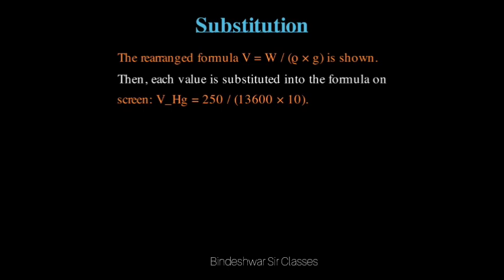Now we can substitute the values we listed earlier. The weight, W, is 250 newtons. The density of mercury, ρ, is 13,600 kilograms per cubic meter. And we're using g as 10 meters per second squared. So, the volume of mercury, V, equals 250 divided by the quantity 13,600 multiplied by 10. Let's perform the calculation.